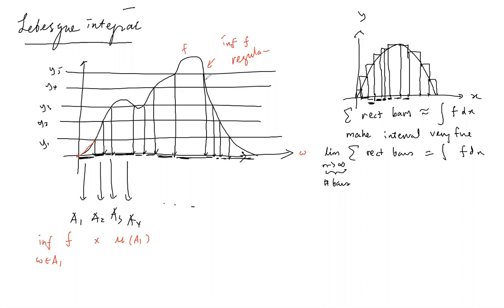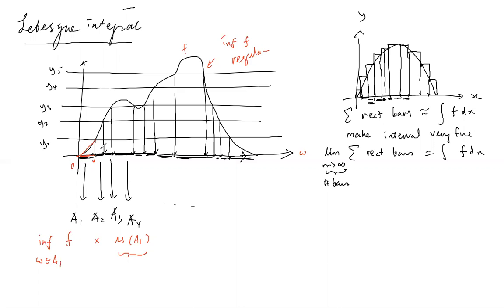Let's just make it easy here. So you have a regular function like this, and your measure here will be the length, let's say from here to here. So basically, this of course will be 0, because the infimum here is 0.